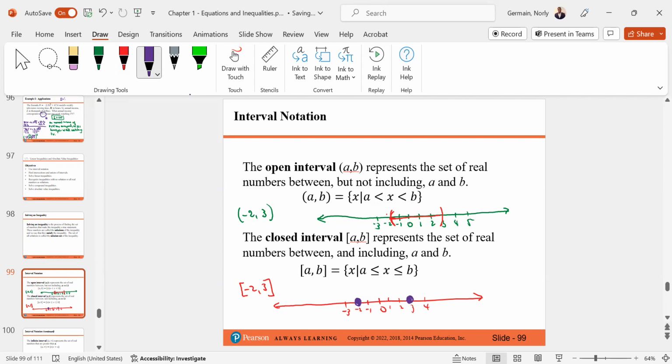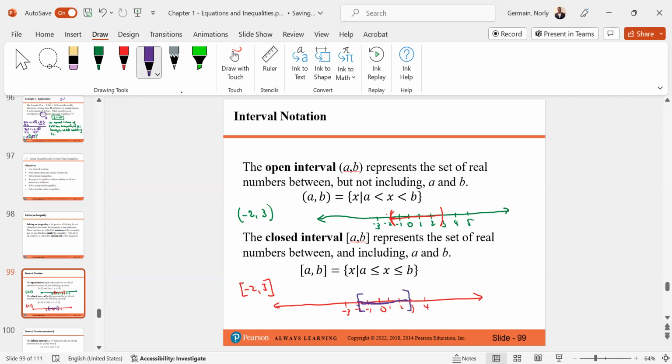You see? That's a closed interval. This shows a closed interval, all right? But let's suppose you don't want to represent it that way. You simply use the bracket. You must use the bracket in order to show your answer, all right? So this is a closed interval. So if I don't want to use the dots, all I have to do is use the bracket. I can use it like this.